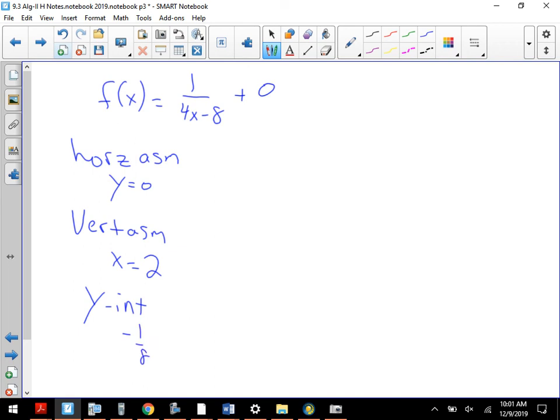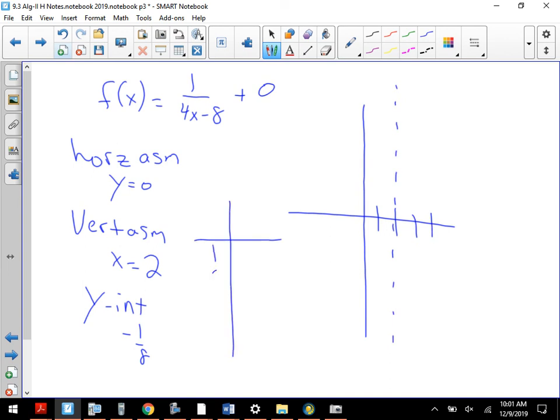So in this case, I can graph this one, because this is the style that you should be able to. You're at asymptote at 2, which means my ordered pairs I'm going to select are 1, 0, 3, and 4. Horizontal asymptote was also at 0.